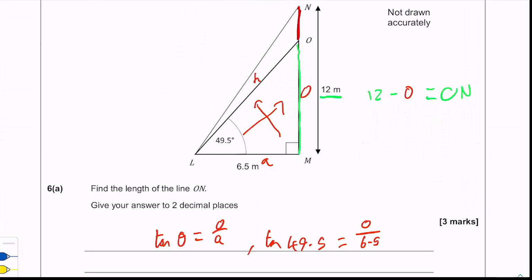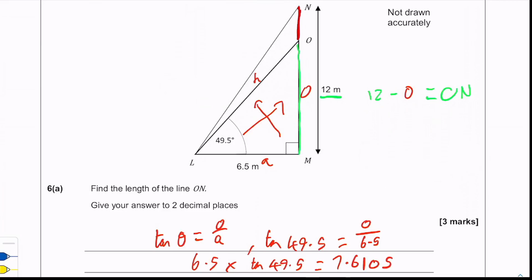We can rearrange then to get 6.5 multiplied by tan 49.5. And this will get us the length of the opposite side. So 6.5 multiplied by tan 49.5, that gets us 7.61, and then I'll use a few more decimal places as this isn't quite our final answer.